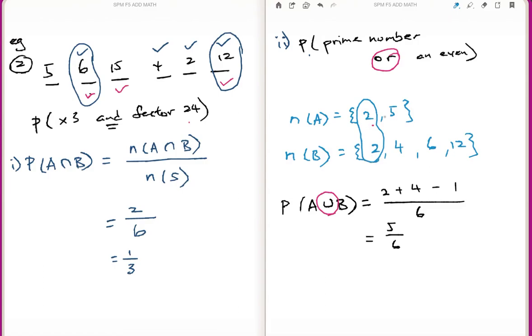Here we calculate 2 already: 1, 2, 3, 4, 5, 6. But 2 and 2 is the same number, so you need to subtract off 1 of it. You don't subtract 2, you subtract 1. Then you don't calculate 2 anymore, so you don't get a wrong answer. This is how you use mutually exclusive.